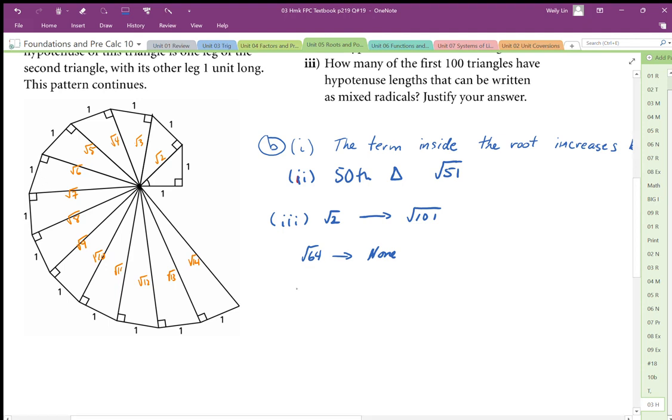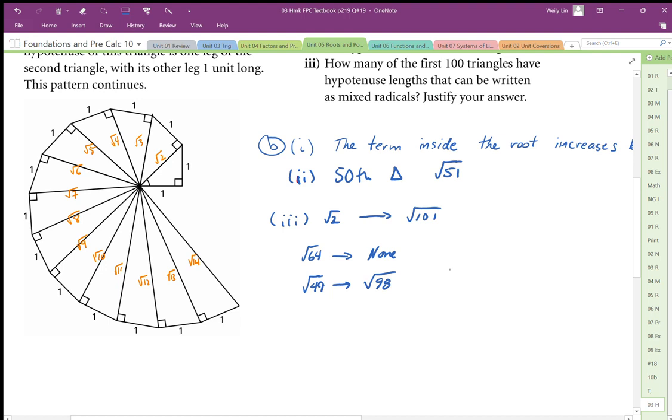So I go down to the next perfect square, root 49. And I have to ask myself, what numbers between 2 and 101 are divisible by 49 and have a factor left over? That's going to be root 98, because that's divisible by 49, but it's going to have a factor of 2 left over.